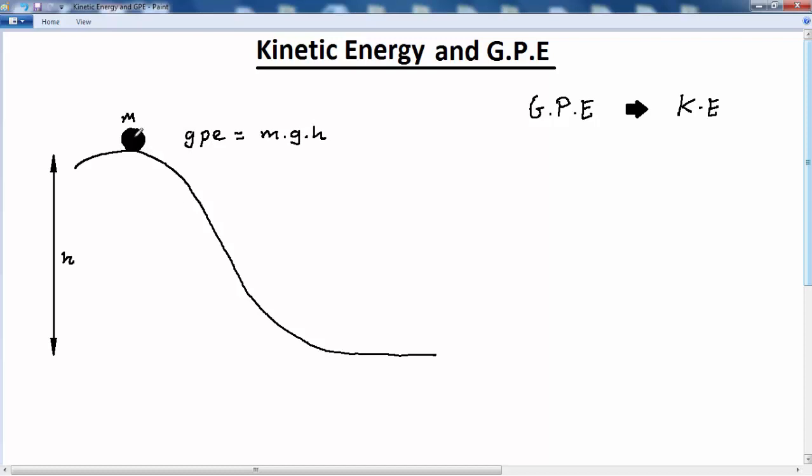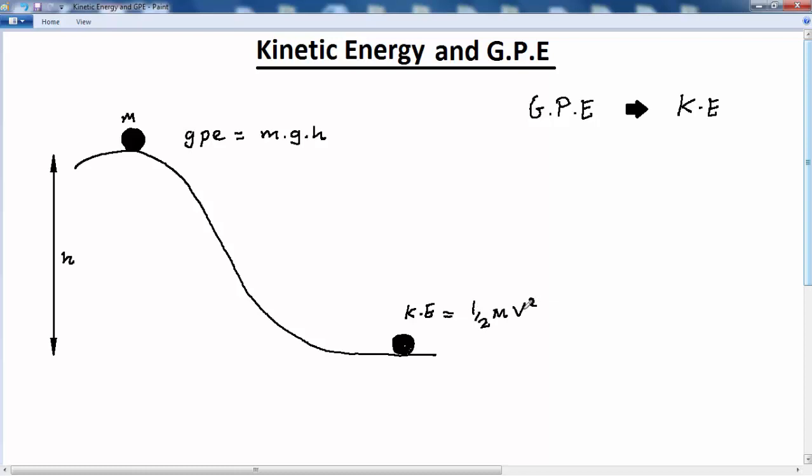Right, and as that rock rolls down the hill, that gravitational potential energy is going to be converted to kinetic energy. So when it gets to the bottom of the hill, all of the GPE has now been transformed to kinetic energy. Okay, so you say that the kinetic energy of the rock at the bottom is now equal to a half its mass times v squared.